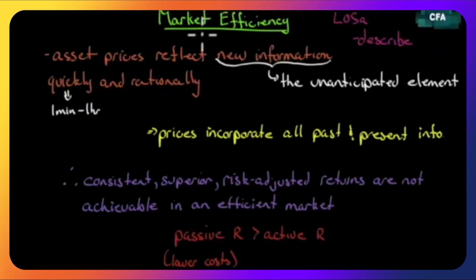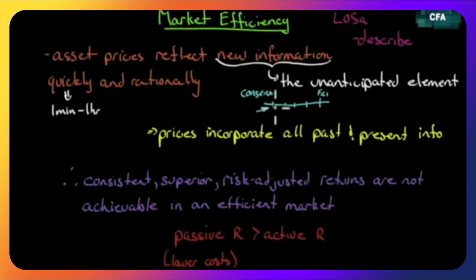That's market efficiency. When we say new information, what we're saying is the unanticipated element. So you may have an economic release. Here's the week: Monday, Tuesday, Wednesday, Thursday, Friday. You may have an economic release Friday, but on Monday, we know what the consensus is. The consensus opinion on Monday will have some opinion.